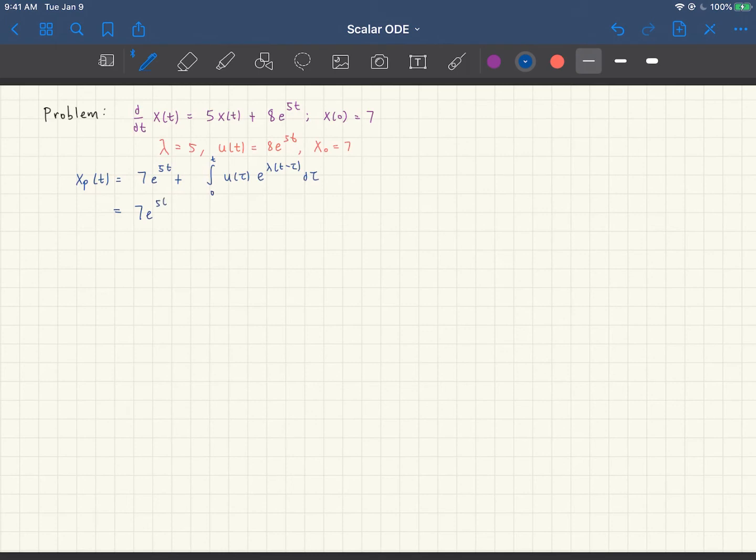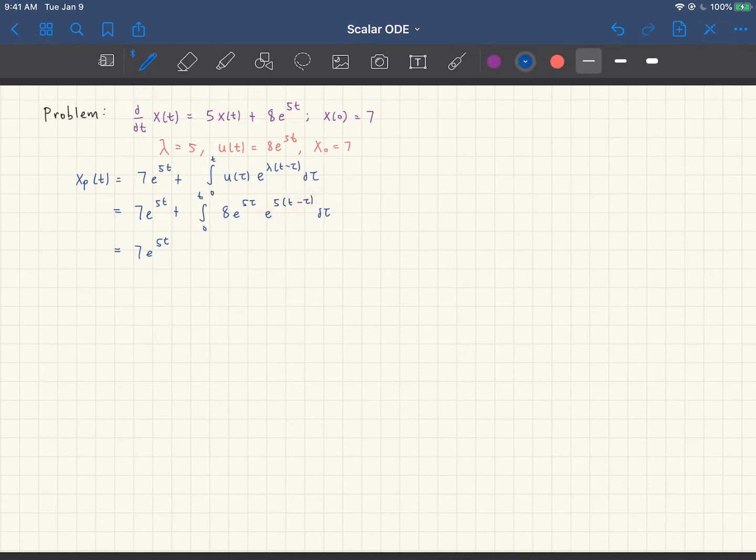So when I plug in u of tau, I'll get 8e to the 5 tau e to the 5 t minus tau d tau. And here you'll notice that the e to the 5 tau here is going to cancel with the e to the minus 5 tau here.